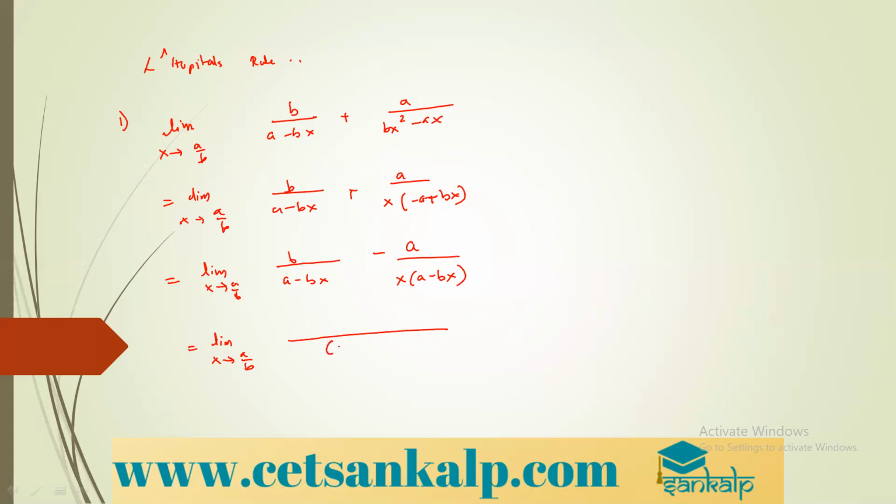We can take a minus bx and x common. So that means b you have to multiply by x, and minus a you have to multiply with nothing.